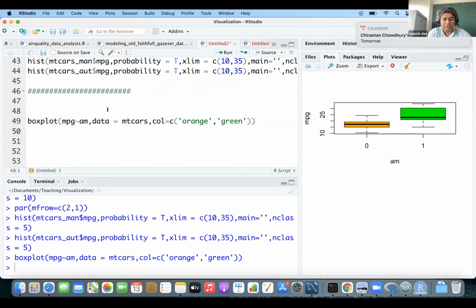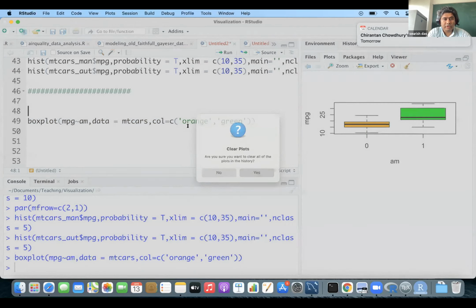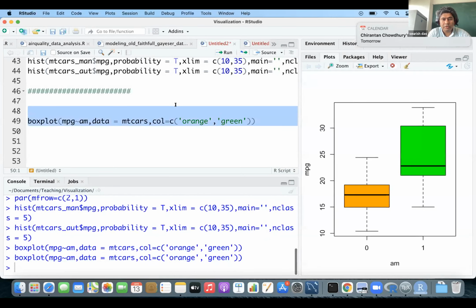So let me just do it slightly differently. Okay. So let me explain what a box plot is.